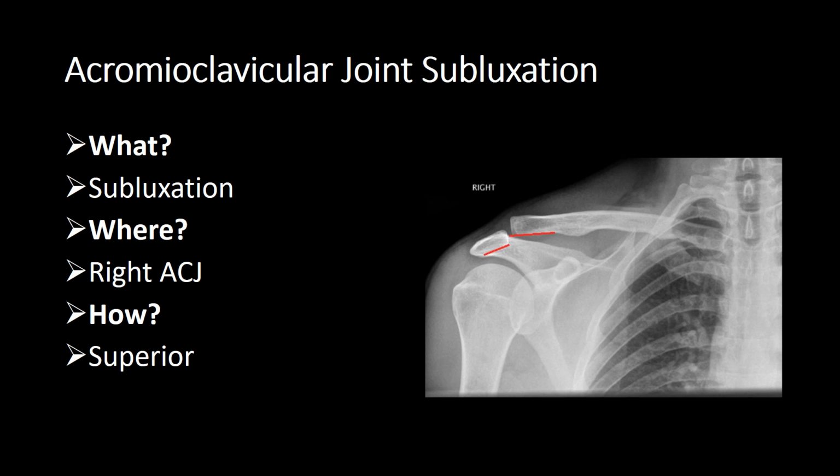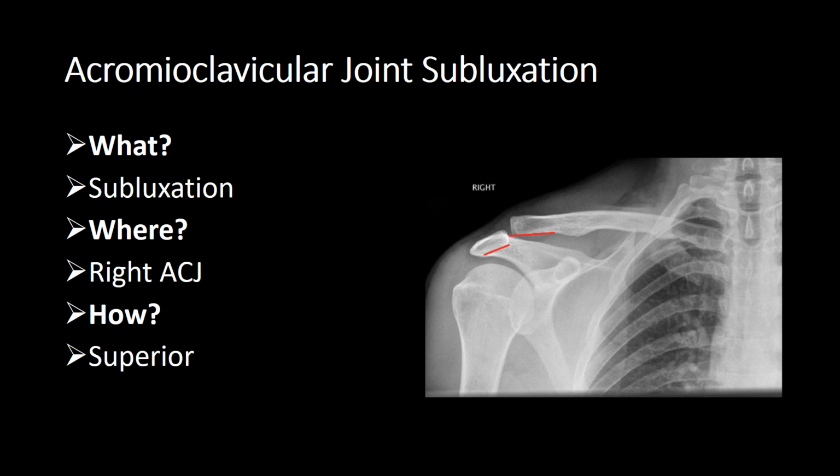When we look at this image, we should always consider the coracoclavicular ligament, and this distance between the coracoid process and the conoid tubercle should measure between 11 millimetres and 13 millimetres.